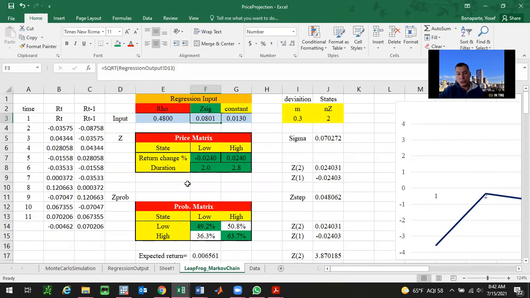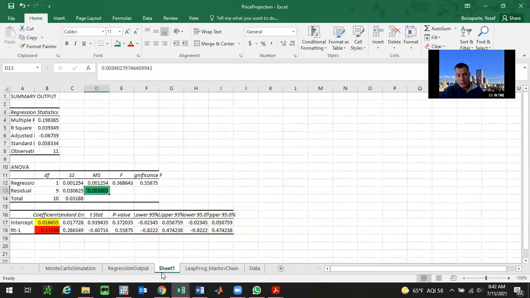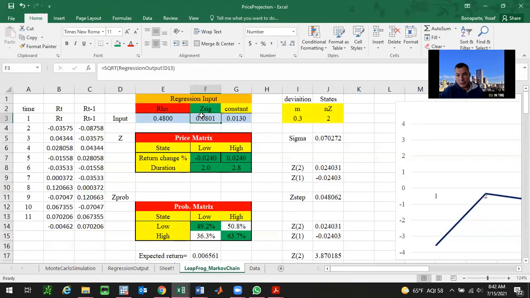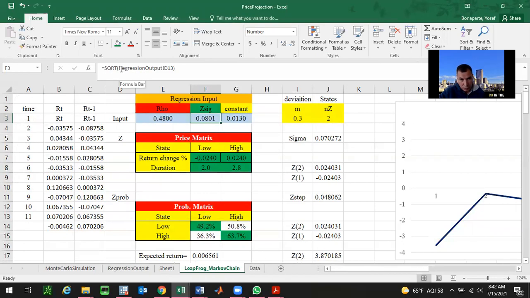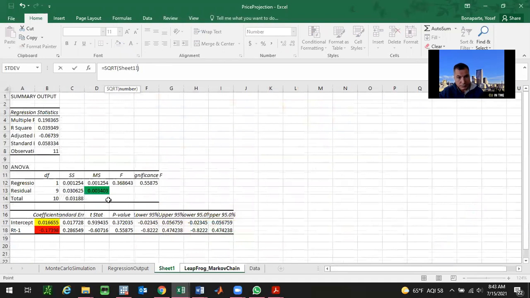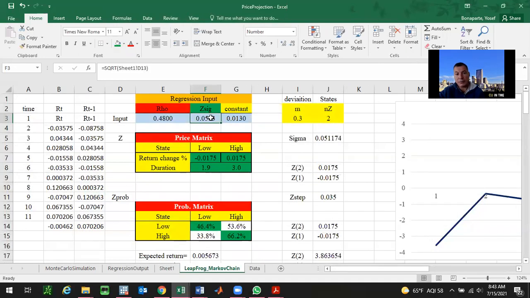What students do is they take this number and they put it here, and then the results don't make sense. You need to take the square root. So I put for you square root regression output. So what you need to do is you take this one, you delete, you go to the sheet, and you click on that and you do enter. That's it. So now what you have is the square root of that one, the sheet basically.